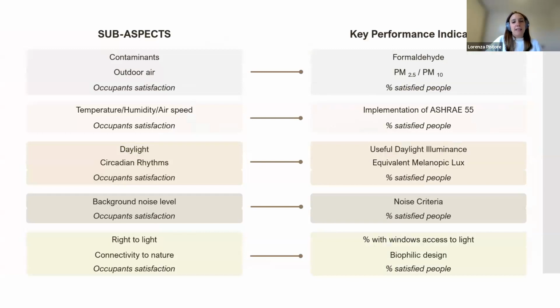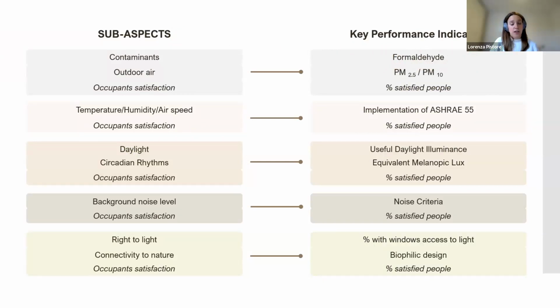So for each sub-aspect at this point, we identified a specific key performance indicator. Among the contaminants, we chose to look at formaldehyde, which is this colorless and odorless gas that is present inside buildings also due to the furniture.